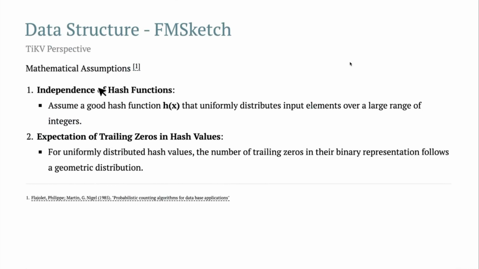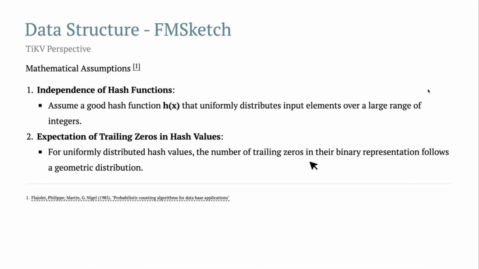Before we dive into the details of the FM sketch implementation, let's take a look at the mathematical assumptions. First, we assume that there are hash functions, and they are independent. This means a hash function h(x) uniformly distributes the input elements over a large range of integers.